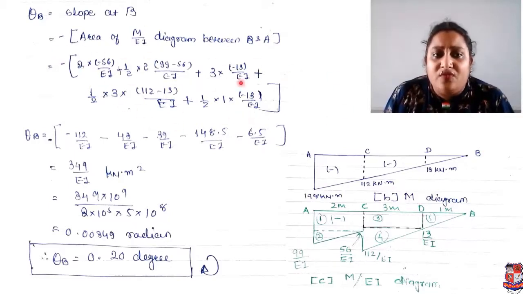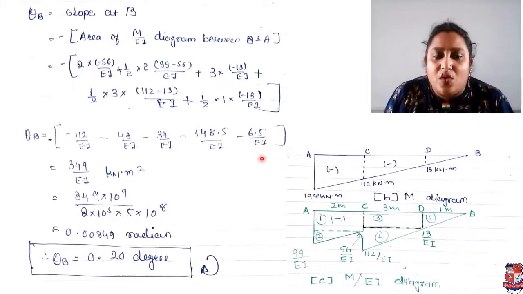If we simplify the whole expression, it will be minus 112 upon EI minus 43 upon EI minus 39 upon EI minus 148.5 upon EI minus 6.5 upon EI.